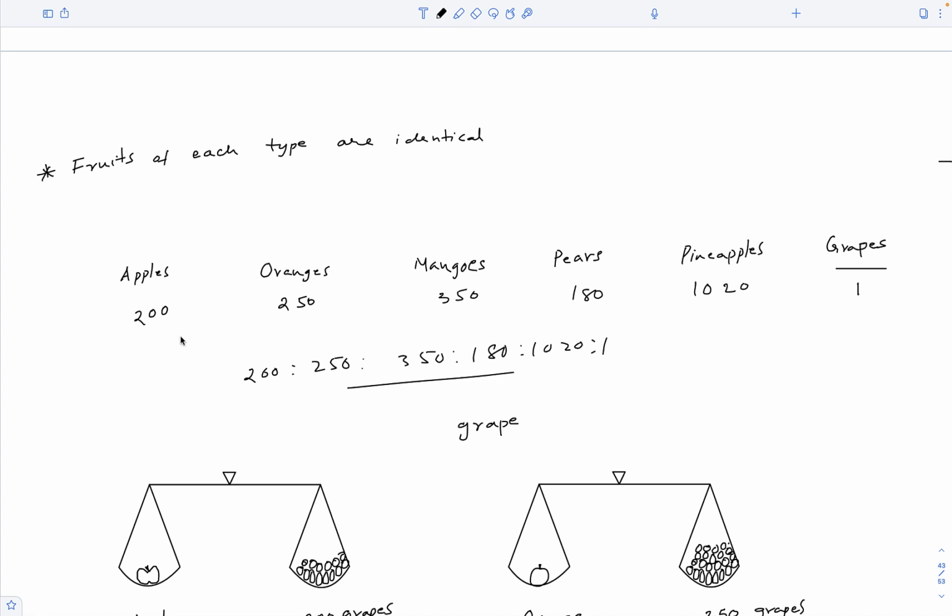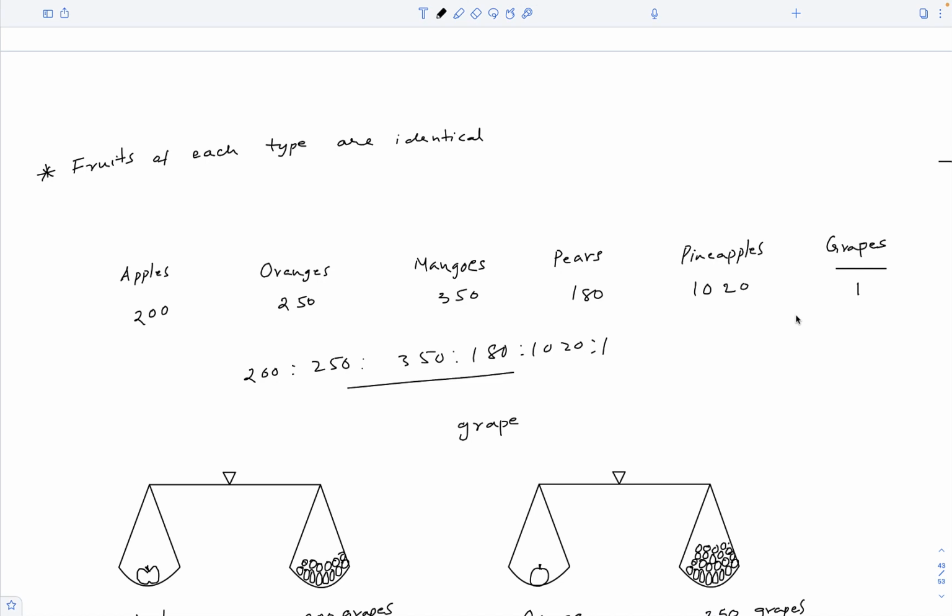To be able to do that, we said we need the relative mass of a fruit of each kind. But we were not allowed to use a kilogram weight or a pound weight as a reference to determine their relative masses.